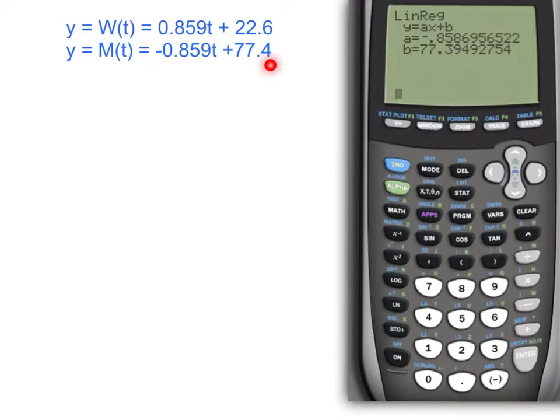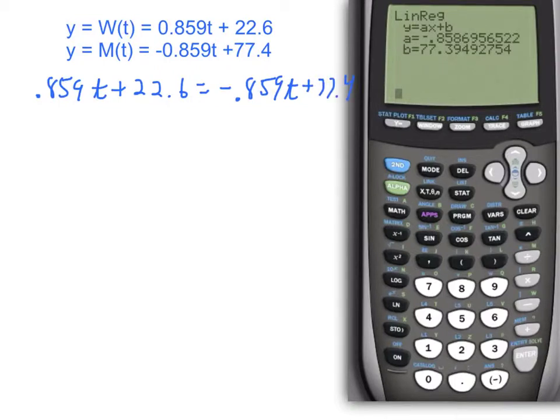So when we do that, we are going to get 0.859t plus 22.6 equals negative 0.859t plus 77.4. And we just need to solve this for t.